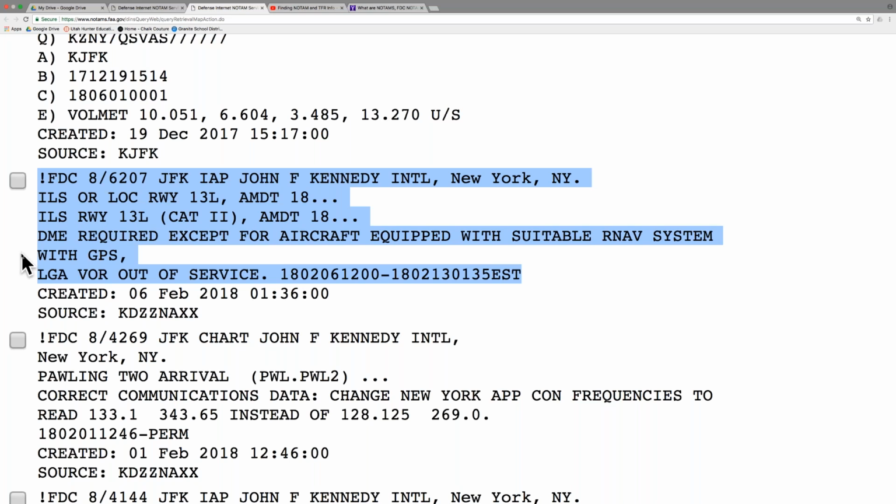Out of service from February 6, 2018, 12 Zulu to February 13th, 2018, 1:35 Zulu estimated. Great.